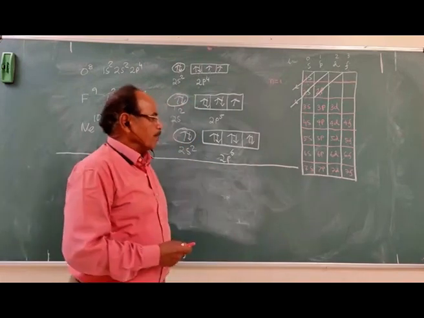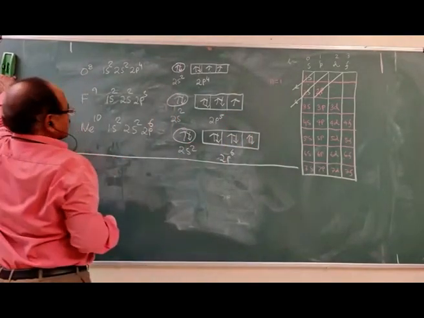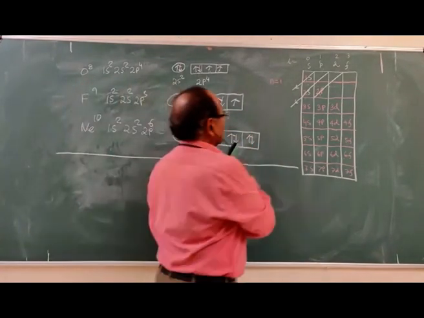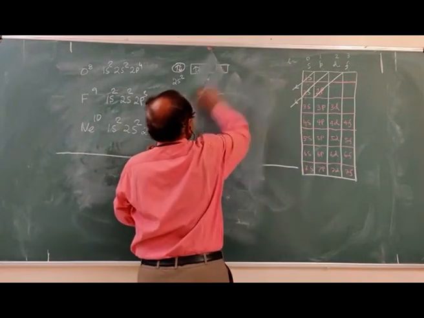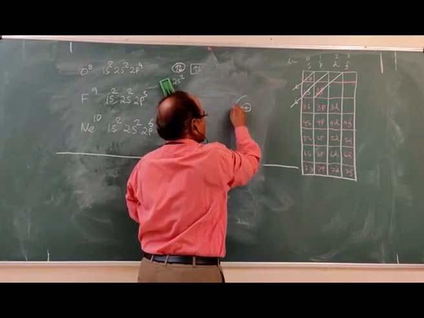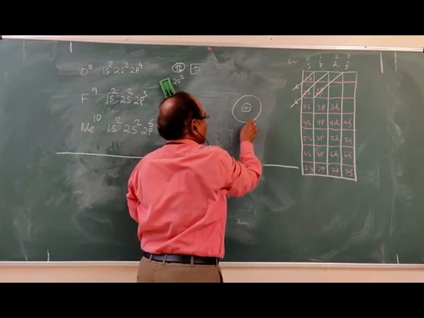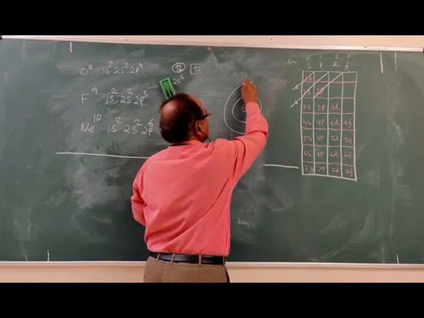Now let me draw a sketch of an atom, as we are writing the electron configuration. This is the nucleus and this is the K cell, where we have filled 2 electrons, and this is the L cell.